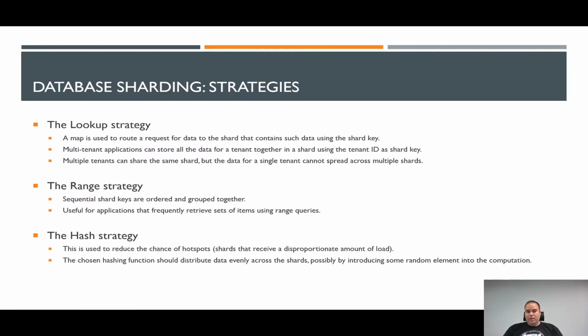Then there's the range strategy, which groups data together by sequential information. So it is used when you want to get multiple sets of information together. The last strategy, the hash strategy, uses a hash to take a resource record ID, hash it, and based on that hash, place it in one of the shards randomly.